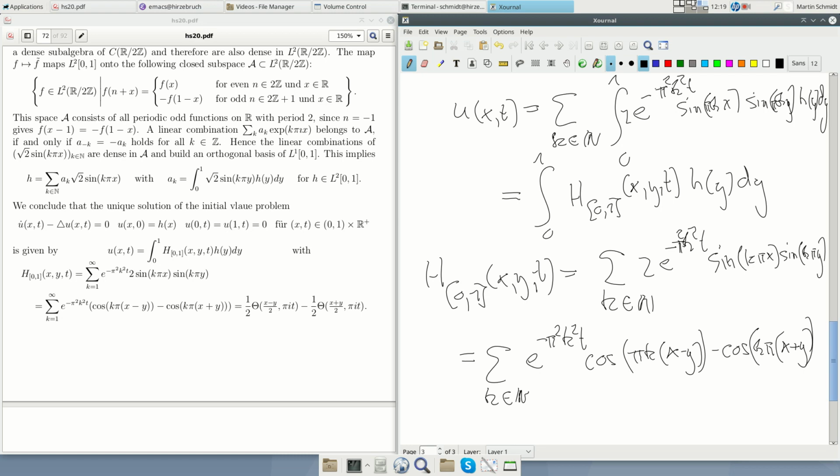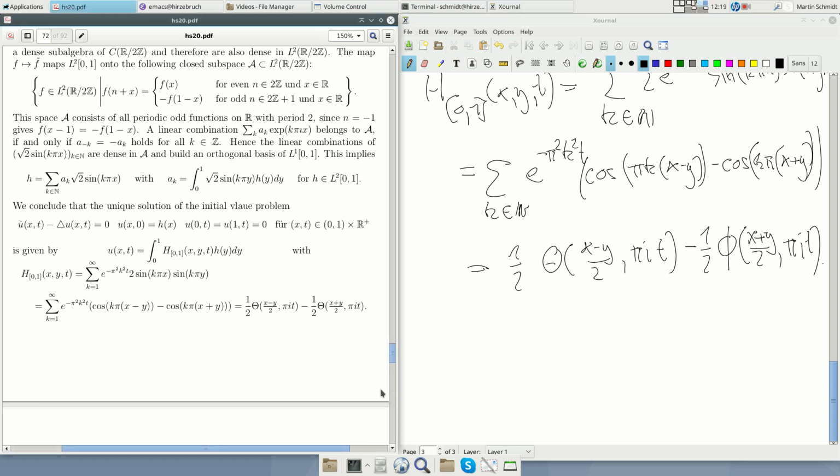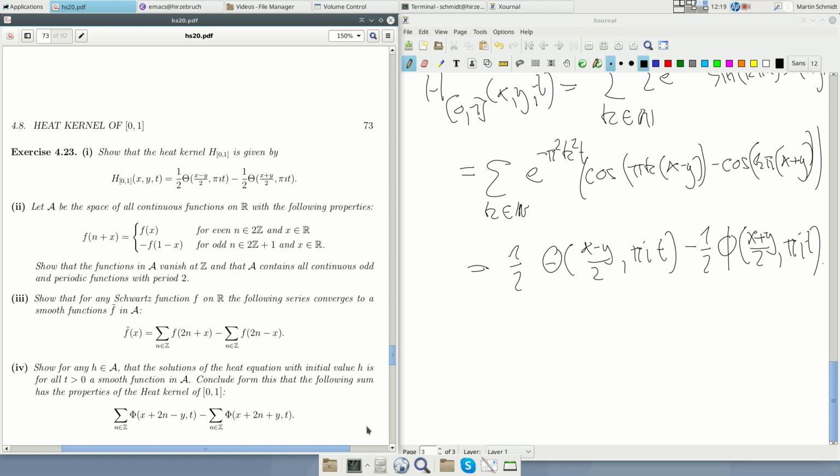Okay, and then here we need a bracket, and then one sees this is again 1/2 of the theta function of x minus y, half pi it, because here we don't have a 2 pi as before, minus 1/2 theta function of x plus y, half pi t. So we have really calculated the heat kernel of the interval.